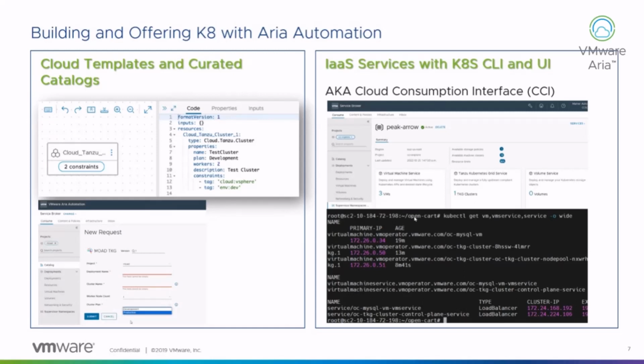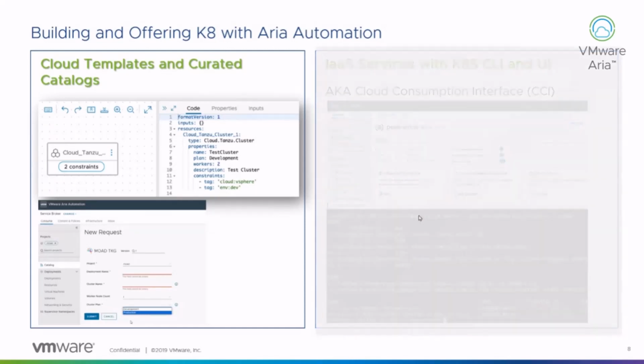But again, today's session is not about CCI specifically. We're going to do an Everything Aria on the Cloud Consumption Interface, which is coming in the October release. Today's session is focused on the curated catalog and the cloud templates, and how that type of integration exists today and has been there for some time now.